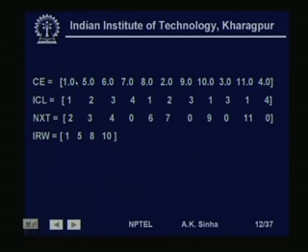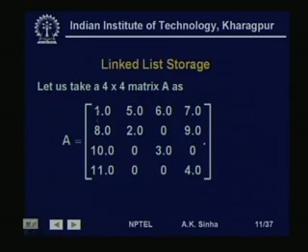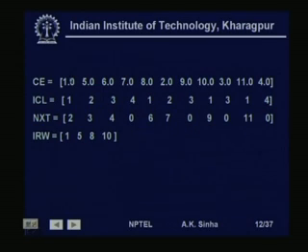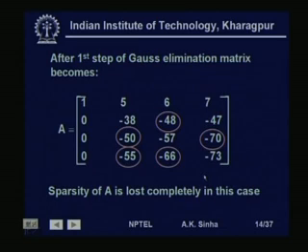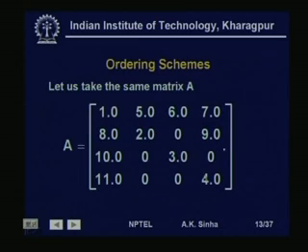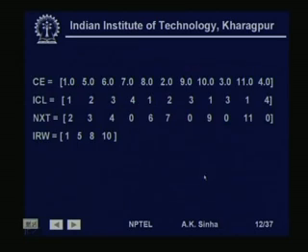So, we have 1, 5, 6, 7, 8, 2, 9, and after this we have 10, 3, then 11, 4.